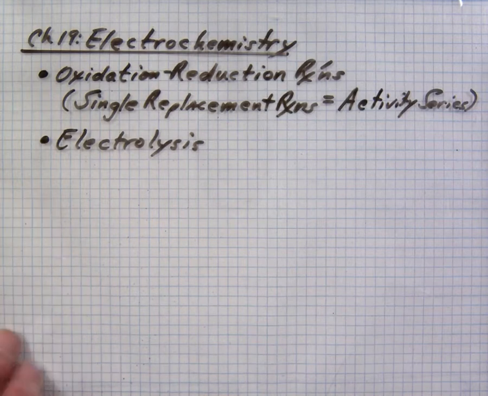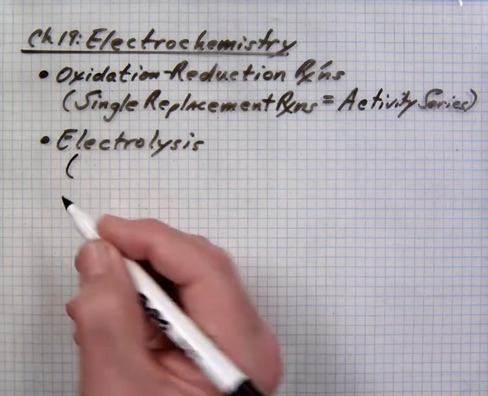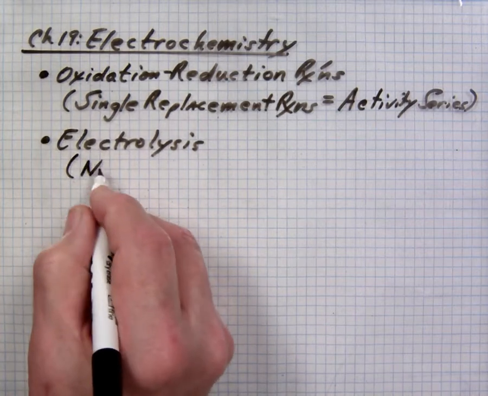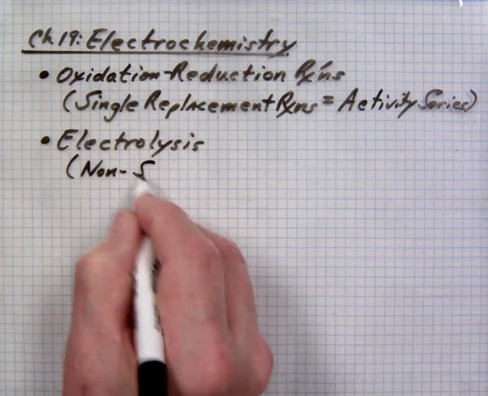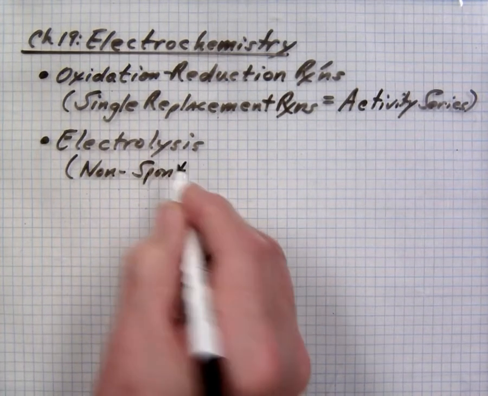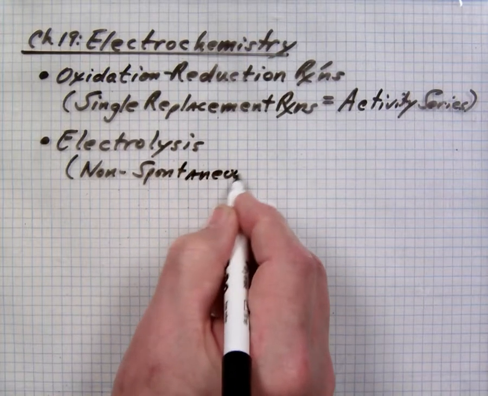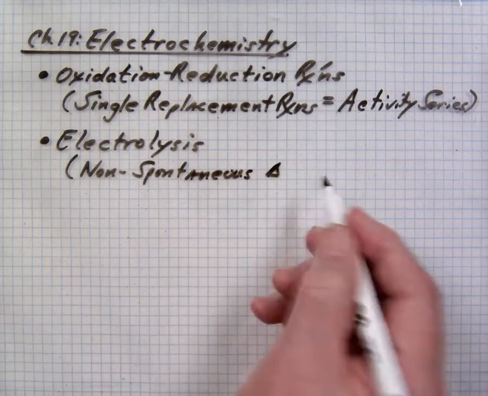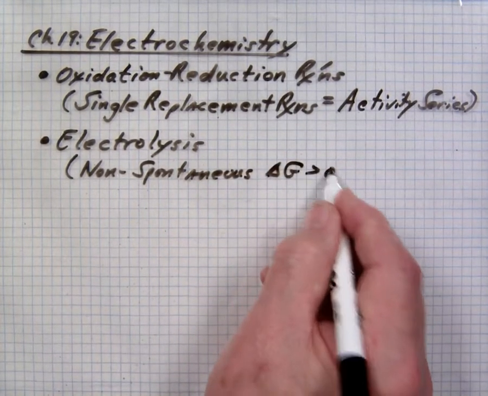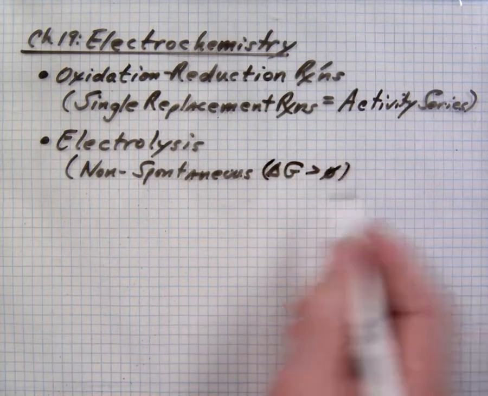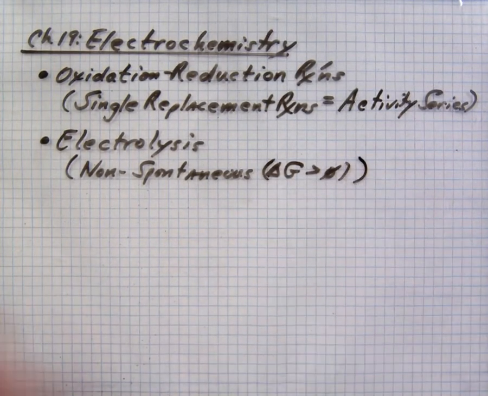The electrolysis process is basically non-spontaneous. That is, delta G being greater than 0 requires the input of energy to drive the reactions.